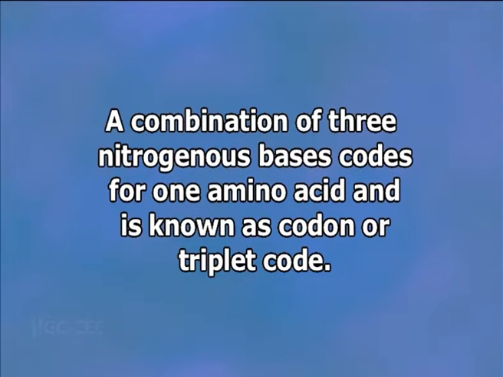A combination of 3 nitrogenous bases codes for one amino acid and is known as a codon or triplet code. Several codons arranged in a definite sequence dictate the formation of a particular enzyme and finally the development of particular characteristics.